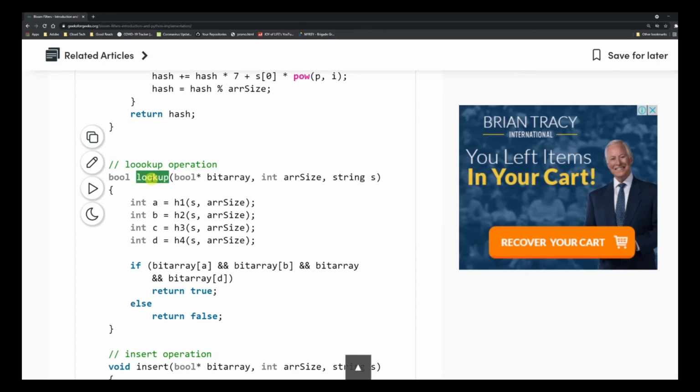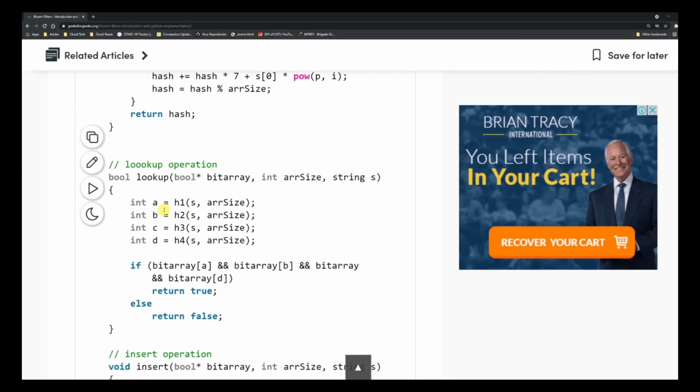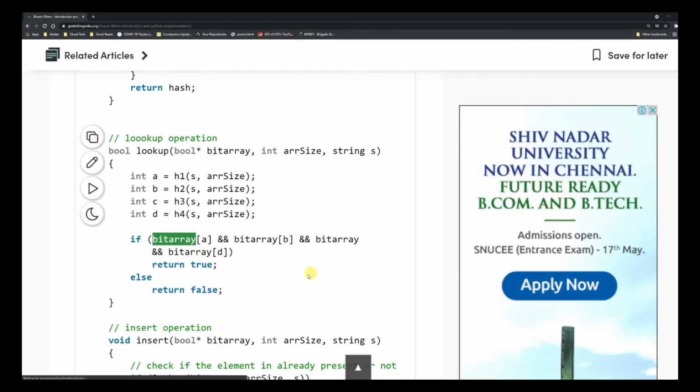This is a lookup function where they take this bit array and a string, generate the hash values with all these hash functions, and check the value at those indexes. If any of them is a 0, then it returns false. In a C++ implementation, it returns true or false. You could have written it directly from here, but anyway.